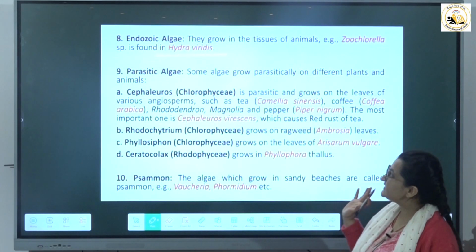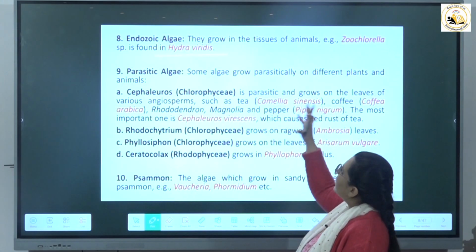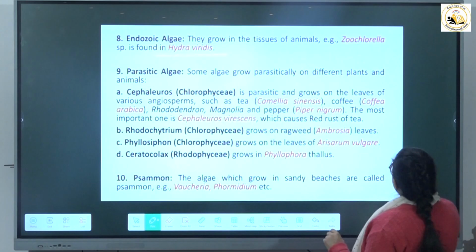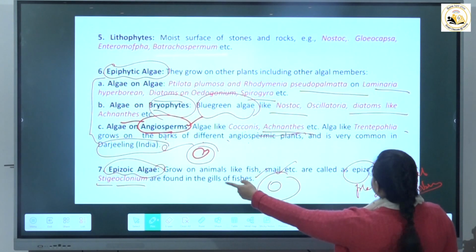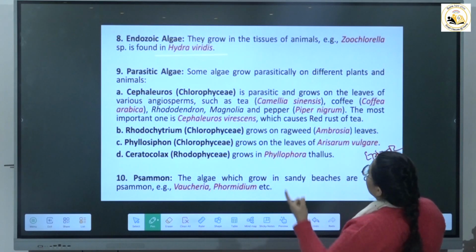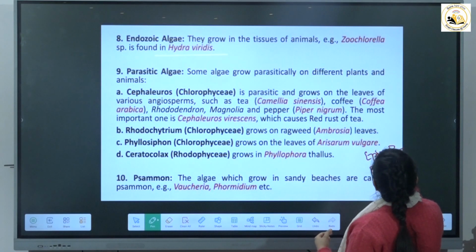Now the next is endozoic, growing in the tissues of animals. The major difference between the two is, this is epizoic and here is endozoic.